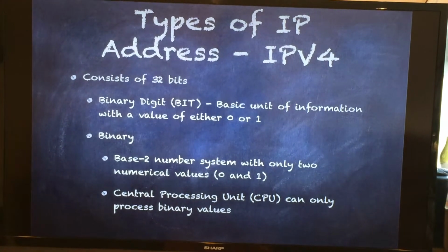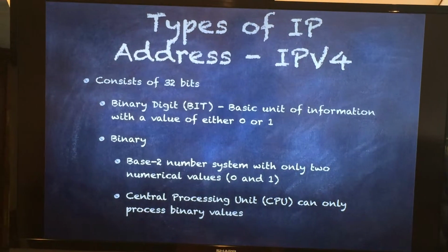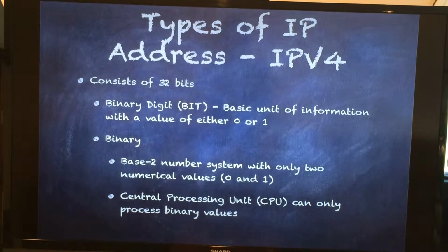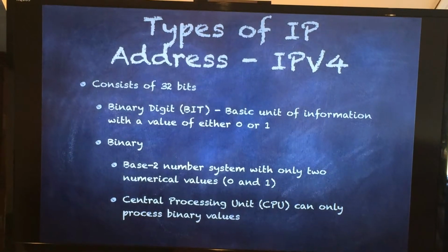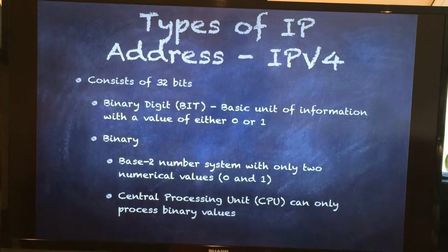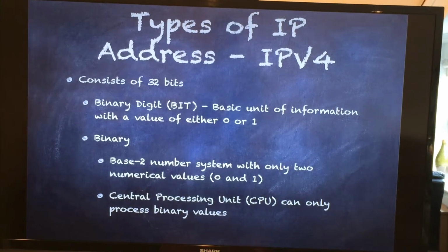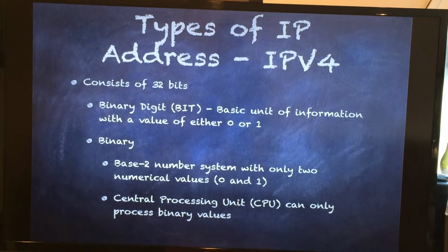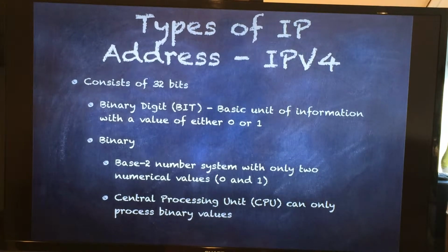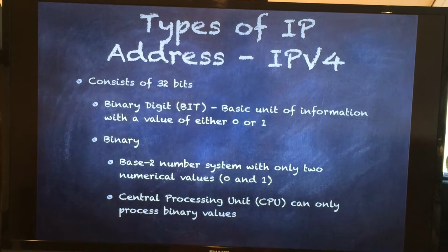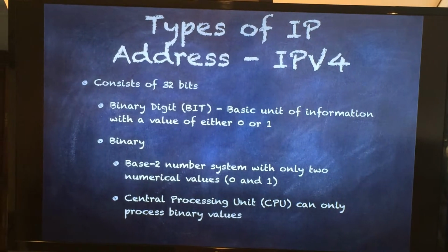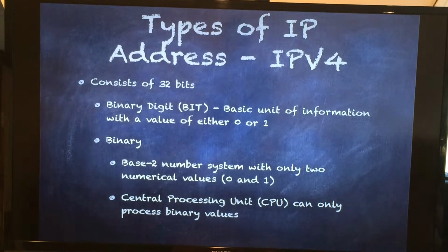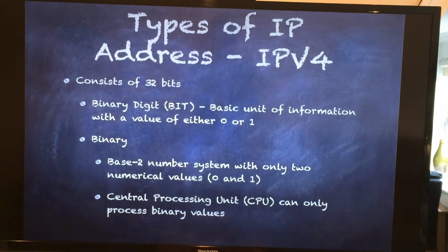Binary digits themselves are based on the binary counting system, which is a base 2 number system, once again with only 2 numerical values, 0 and 1. The central processing unit of a computer can only process binary values. In fact, in our previous videos on the evolution of a computer, we discussed the concept of a binary digit and also the functionality of the CPU.